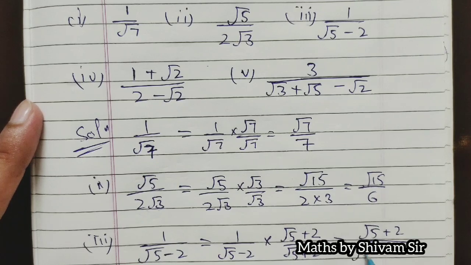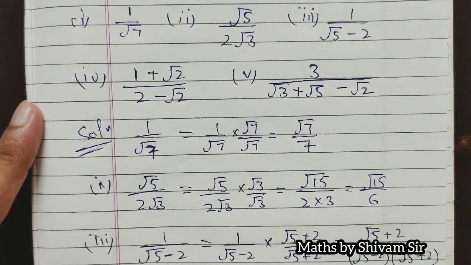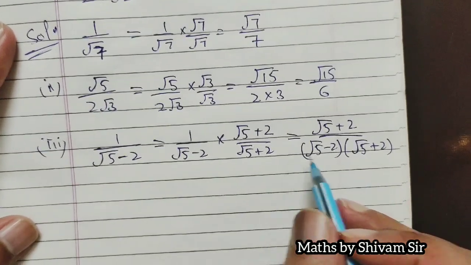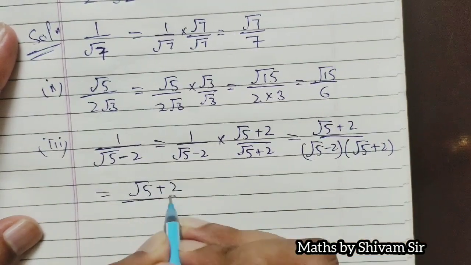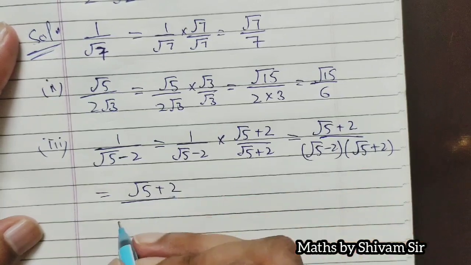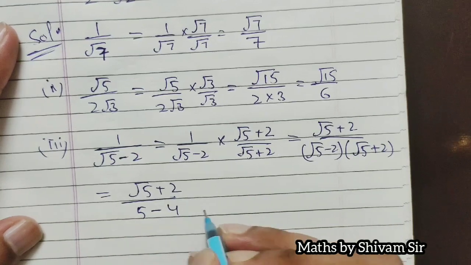Here what do we have? Root 5 minus 2 and root 5 plus 2, right? So a minus b, a plus b is a square minus b square. So root 5 square is 5, minus 2 square is 4.